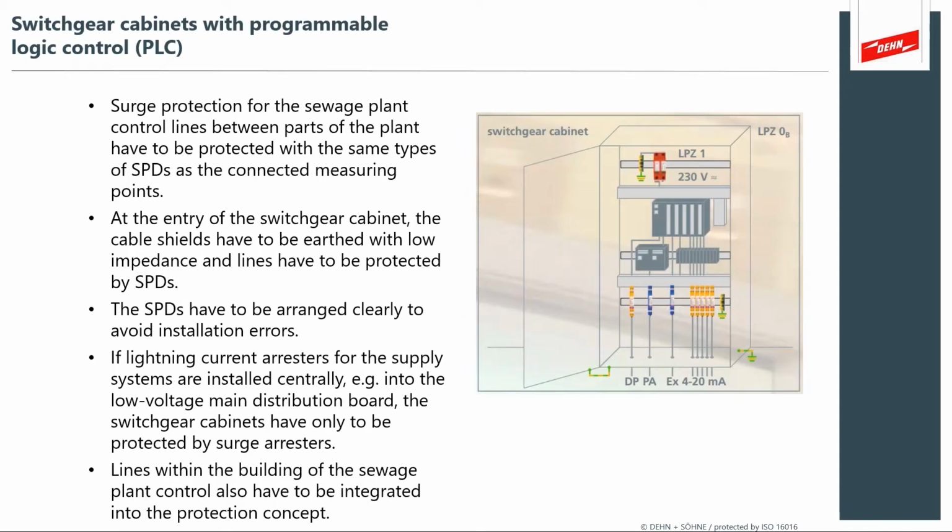So switchgear and motor pumps, you'll find all over a wastewater plant. You'll have surge protection devices applied at the control systems as well as on the AC power system, both in front of or behind the variable speed drives. The SPDs have to be arranged in a very clear and concise manner, and you always have to pay attention to your bonding. So very similar illustration.